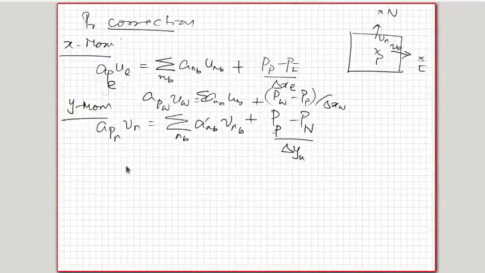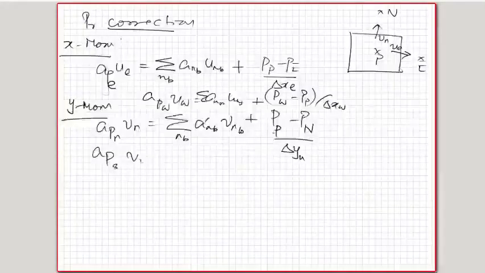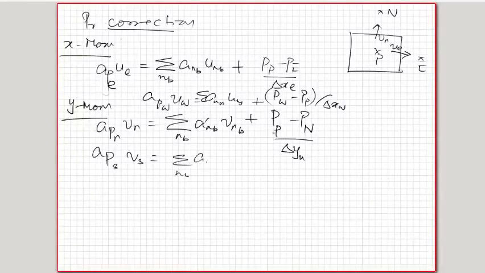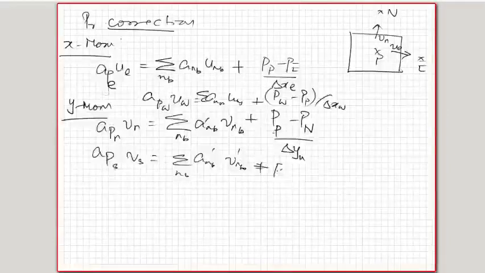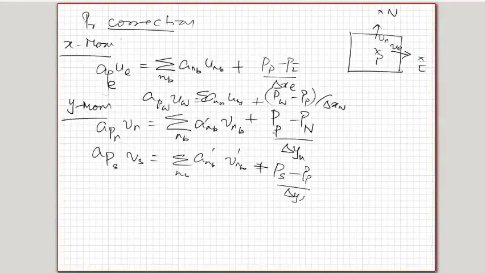Similarly, APS VS will be equal to summation over the neighbors of A and B prime. These are different from this, just writing the notations so that you get the form PS minus PP divided by delta YS.